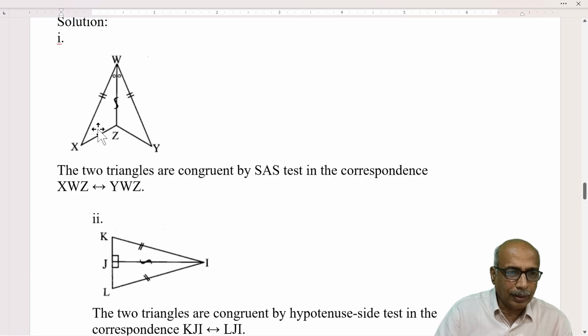X is here, double line is here, W is there, and from W, S marking is there. That is common side. So from Y, W is there, Z. So XWZ corresponds to YWZ. So this is one-to-one correspondence here.